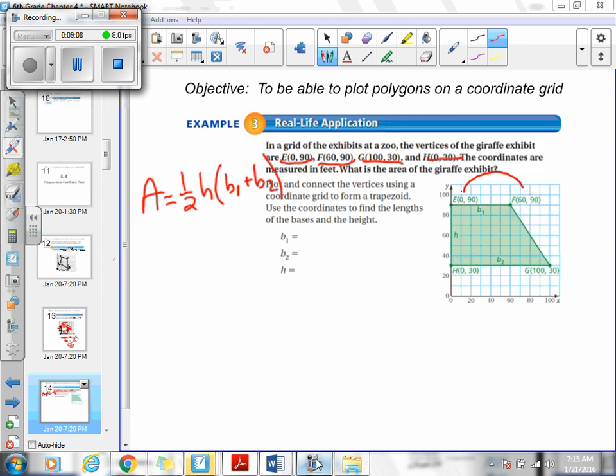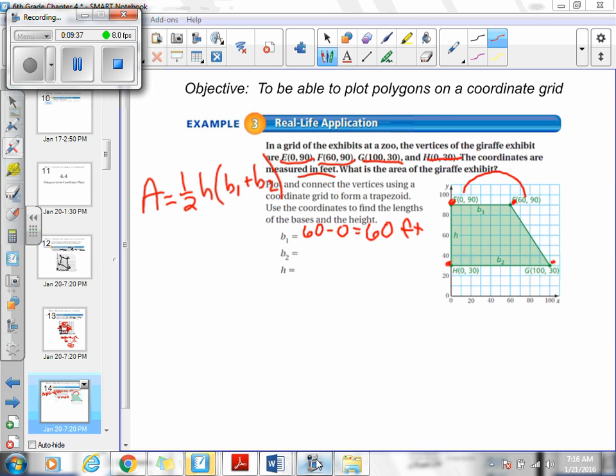We're just going to worry about the change from 0 to 60, because our point E is at 0 and our point F is at 60. So base 1 is 60 minus 0. What's the distance between 60 and 0? It's just 60. The directions say the coordinates are measured in feet, so that'd be 60 feet, from here to here.